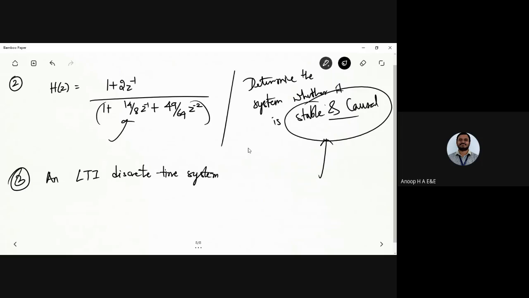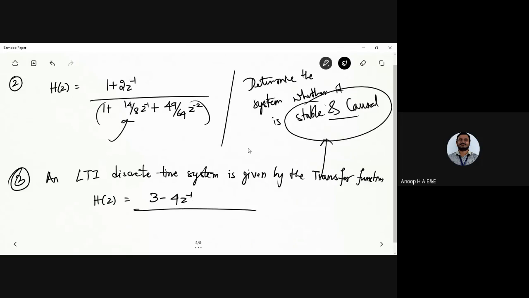It is given by the transfer function H of z equal to 3 minus 4 z inverse divided by 1 minus 3.5 z inverse plus 1.5 z power minus 2.